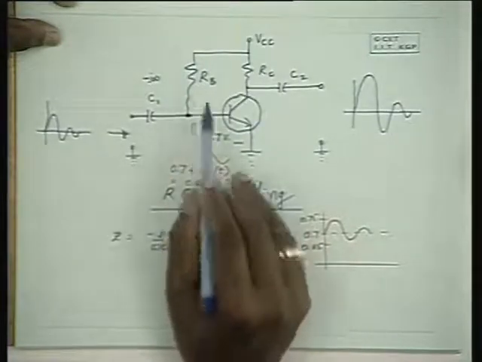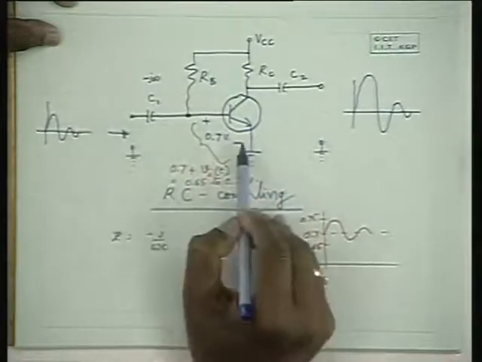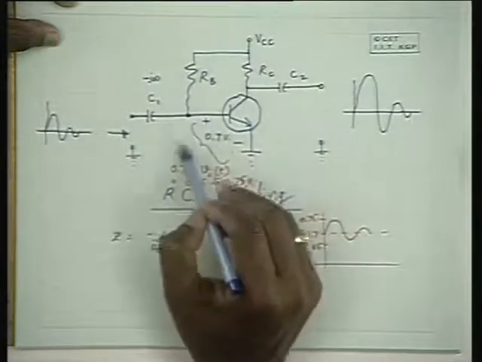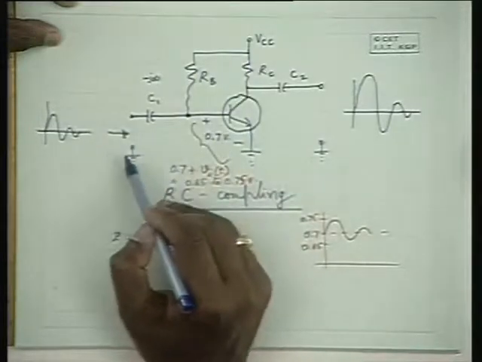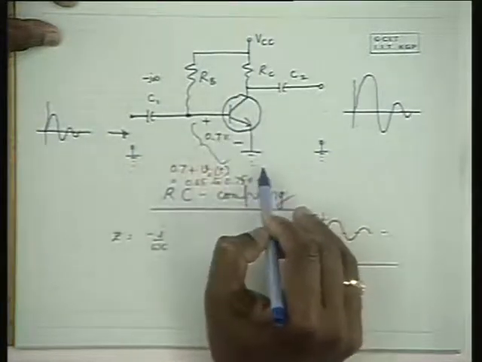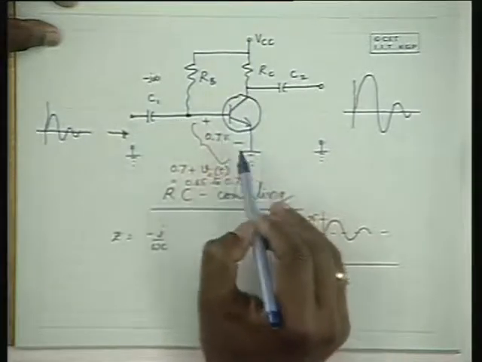Therefore, all this voltage is applied across this. Here it is a superposition of this DC component and this AC component. How do you apply the superposition theorem? You use one source at a time with the other source replaced by a short circuit. First apply one source, find the component, that is 0.7 volts.